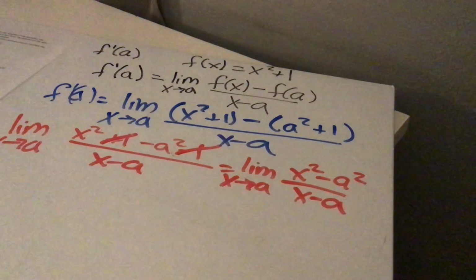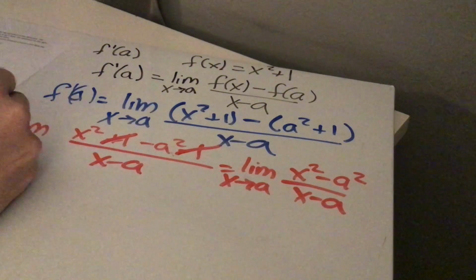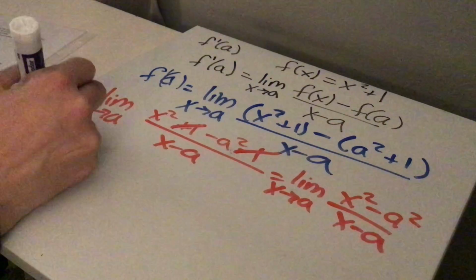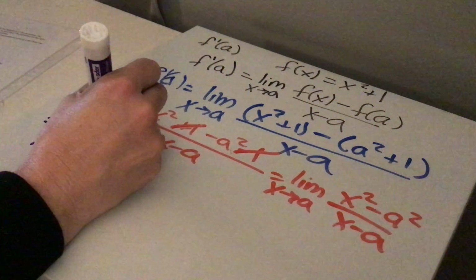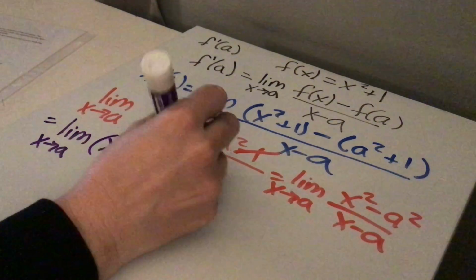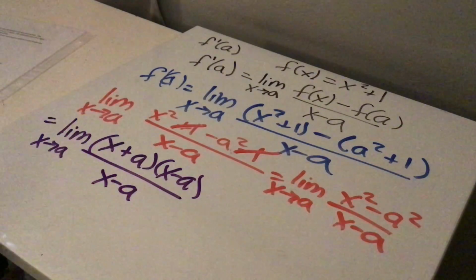We still have x minus a in the denominator, but the numerator is a difference of 2 squares. Okay, so we're going to factor that. So it's the limit as x approaches a of x plus a times x minus a over x minus a, right? That's how you factor the difference of 2 squares.